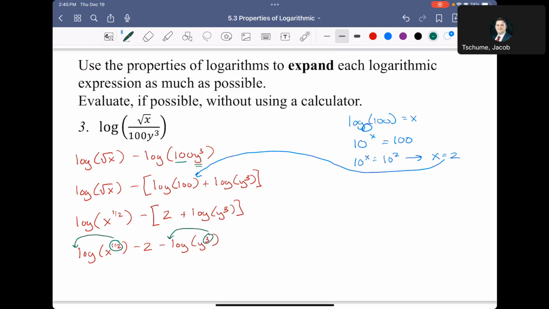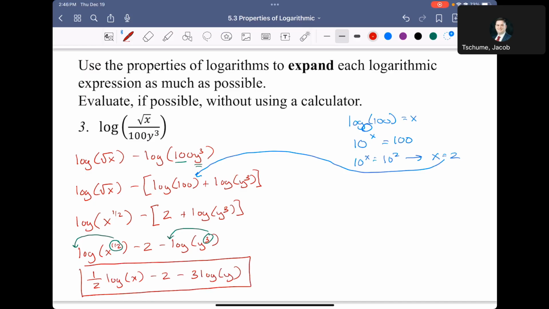So on that first term, I'm going to bring the 1/2 to the front and write this as 1/2 the log of x minus 2. And then on the third one, I'm going to bring that 3 to the front and write it as minus 3 times the log of y. And this is your simplified, or I guess most simplified form of an expanded logarithm here.